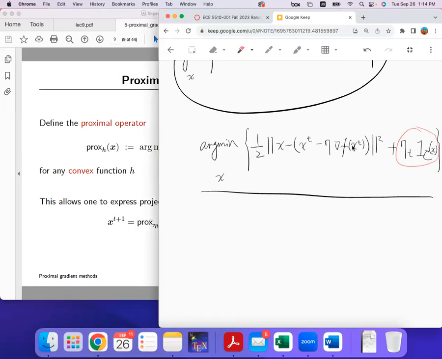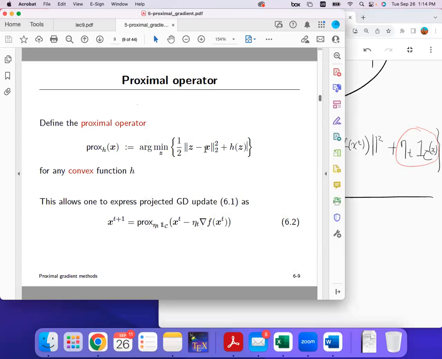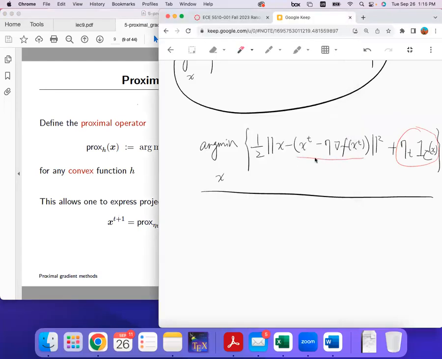Here we are using x instead of z. So this is our z, and this is our x.